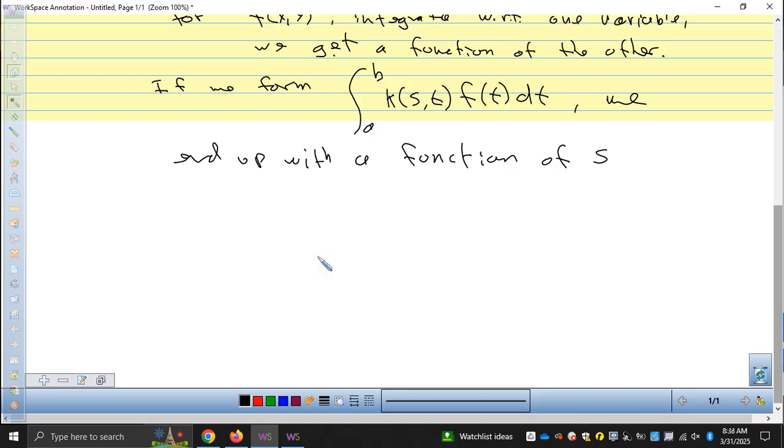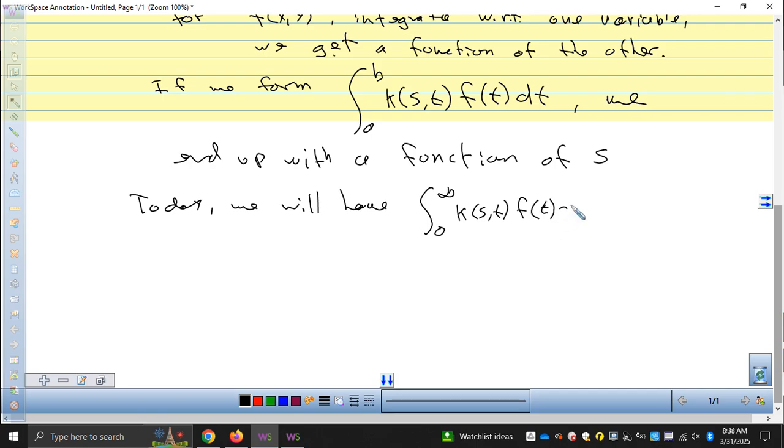If we are going to be working with an infinite integral, the integral from 0 to infinity of k of s t f of t dt. And just as a reminder, this is the limit as b approaches infinity of the integral from 0 to b of k of s t f of t dt.